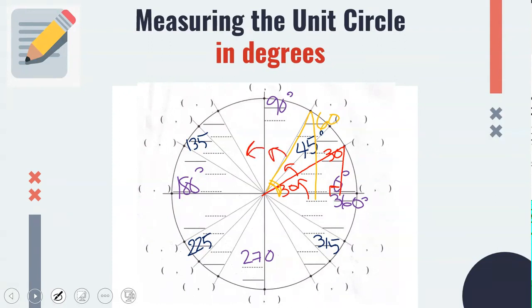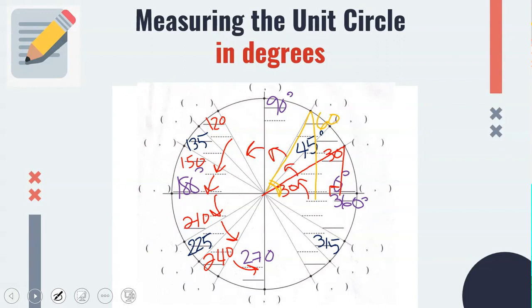90 plus 30 is going to give us our next increment, which is 120. 120 plus 30 will give us our next increment, which is 150. 150 plus 30, that's 180. 180 plus 30, that's 210. 210 plus 30 will give us our next one, which is 240. 240 plus 30, 270.